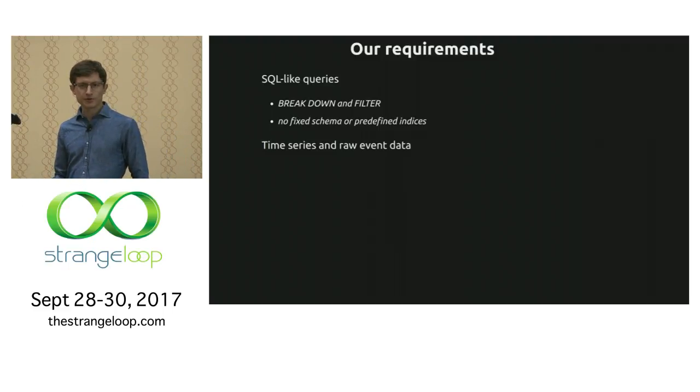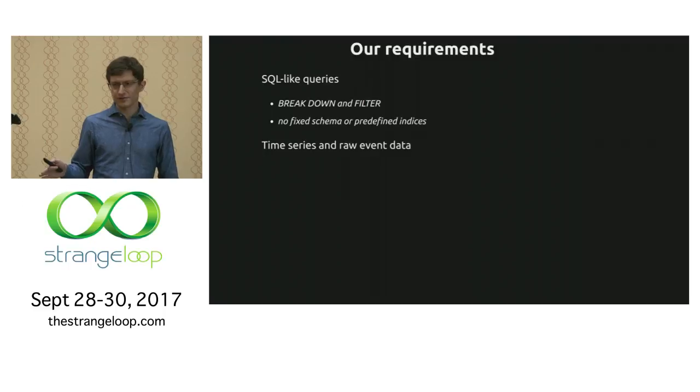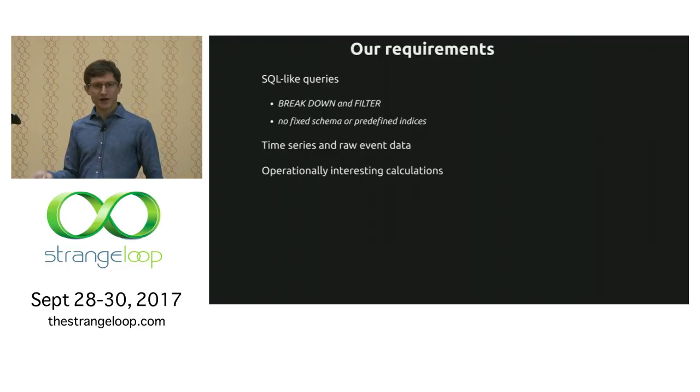We need queries to be able to produce two different kinds of results. So we have time series graphs, and in fact some weird and wonderful visualizations like the heat map thing as well. And we also have queries that can return just the raw data that came in, according to some filters. And we need to calculate the kinds of statistics that are useful for operations purposes.